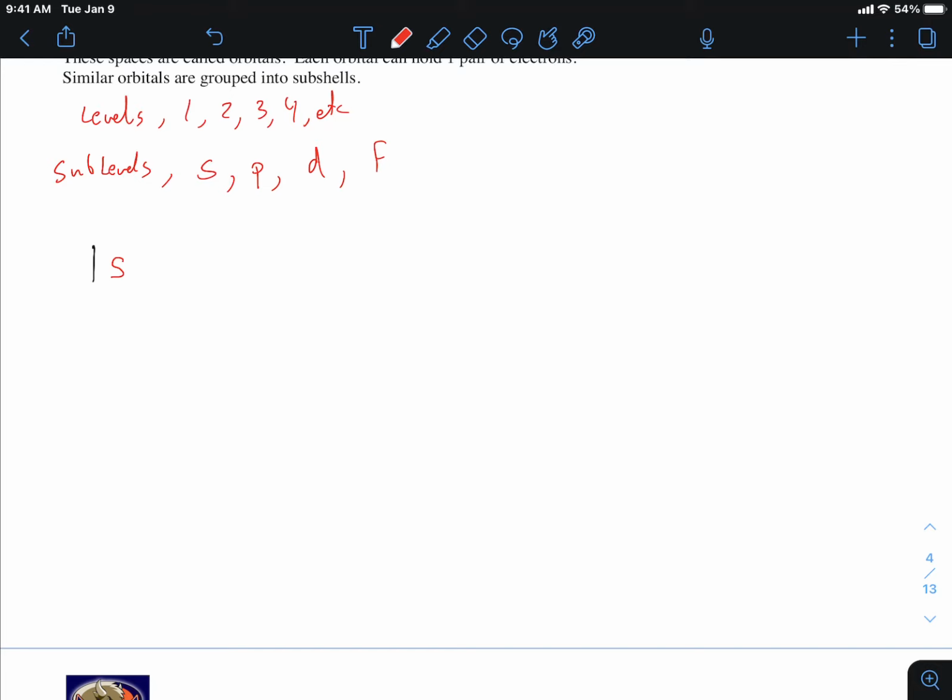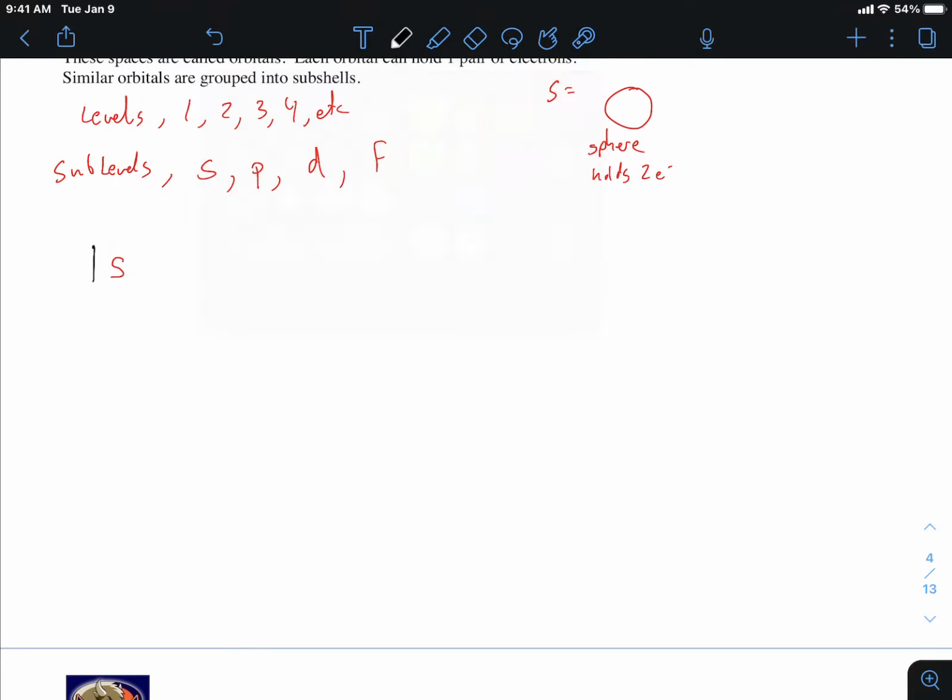S. And so S sub-levels look like spheres. Right? So it's just simply a spherical shape. And it can hold 2 electrons.